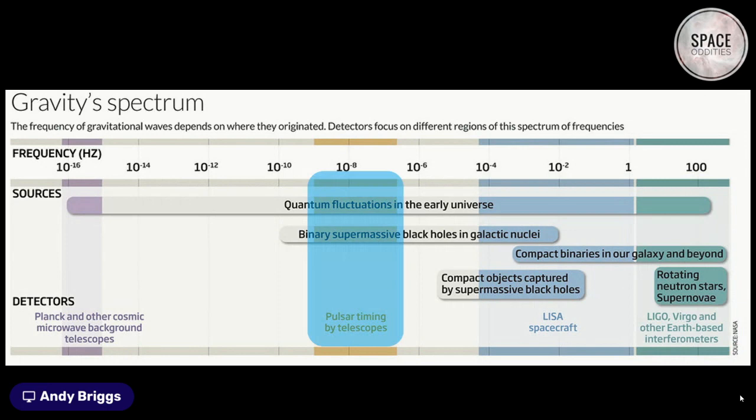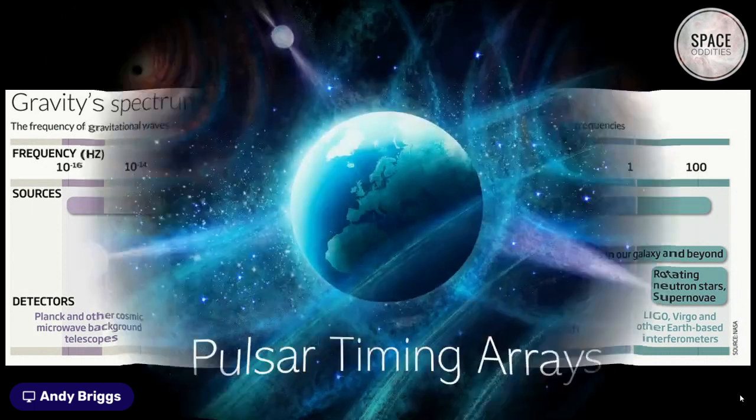These are much longer wavelength events. It's reckoned that some of these wavelengths could be light years long. And to detect these, one way of doing it is to use pulsars to detect these gravitational waves.